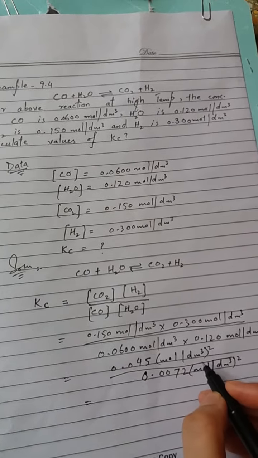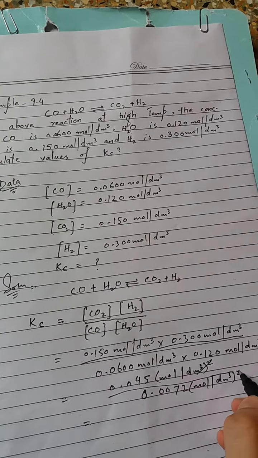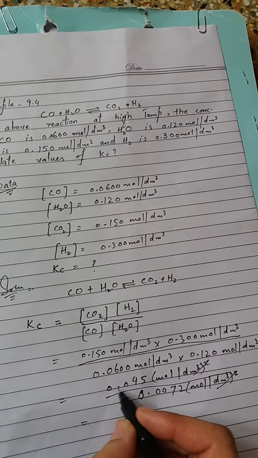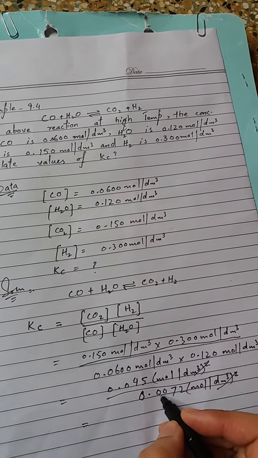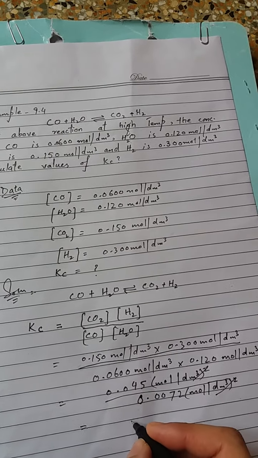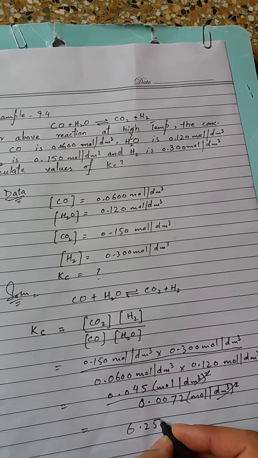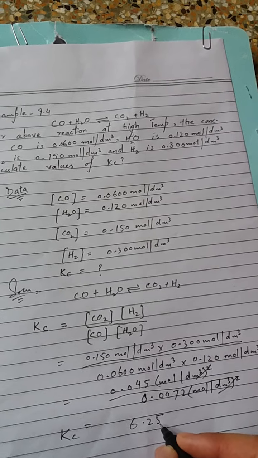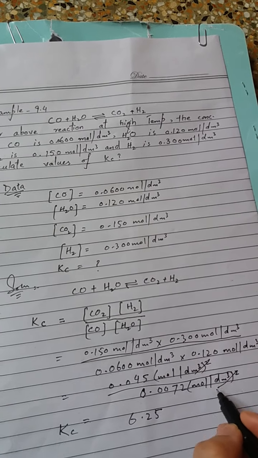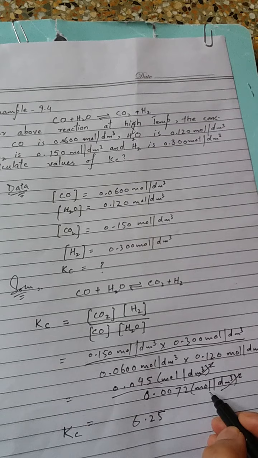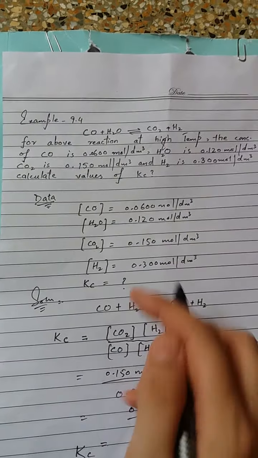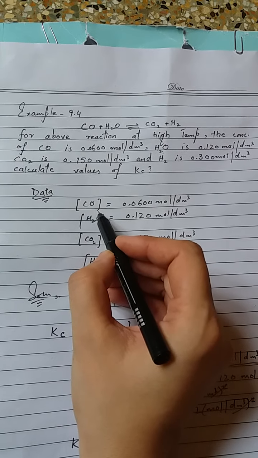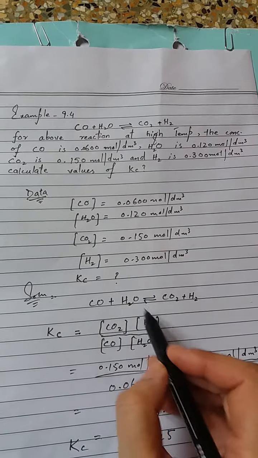Now this mole per decimeter cube whole square cancels out the mole per decimeter cube whole square, and then we divide the 0.045 by the 0.0072, we have value 6.25. Here Kc has value 6.25 and Kc has no unit because units cancel each other. So here we also calculate the value of Kc when we have the concentration of reactants and products in this question.